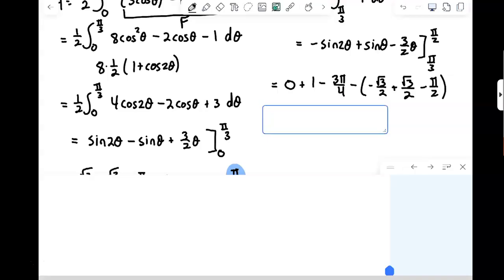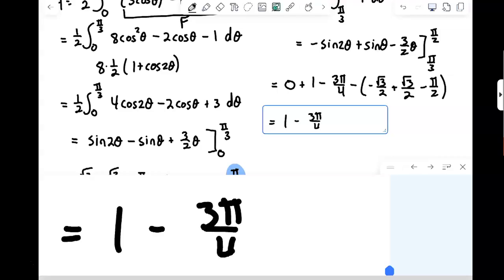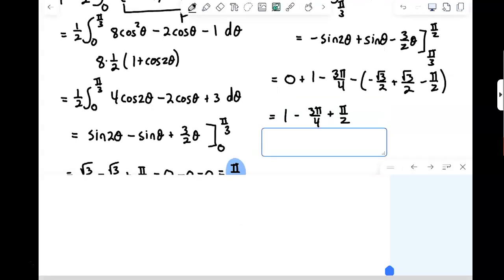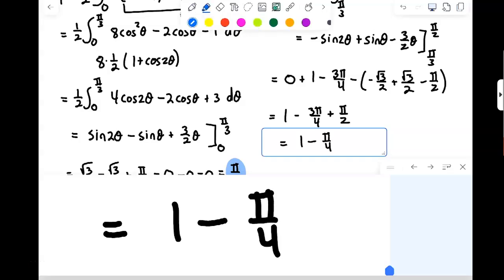Okay, so simplifying, we have 1 minus 3 pi over 4 plus pi over 2. And so that would simplify to be 1 minus pi over 4. And again, that is my red area.